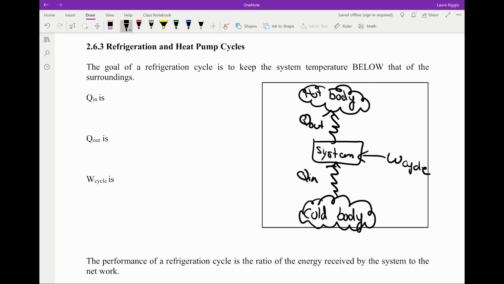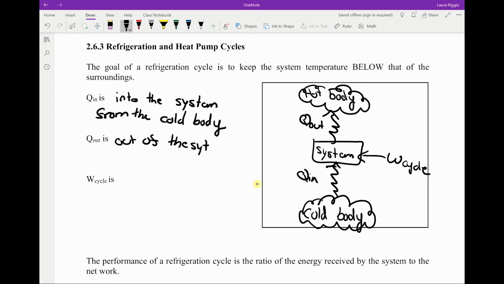So again, Q in is heat transfer into the system from the cold body, and Q out is out of the system to the hot body, and W cycle is the net work.